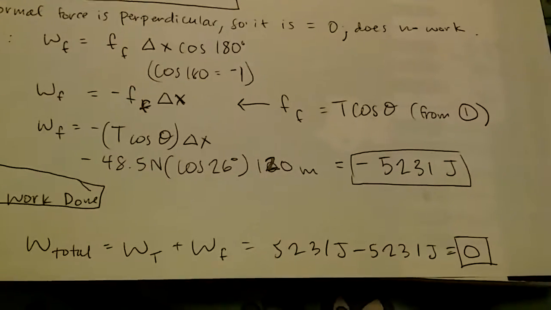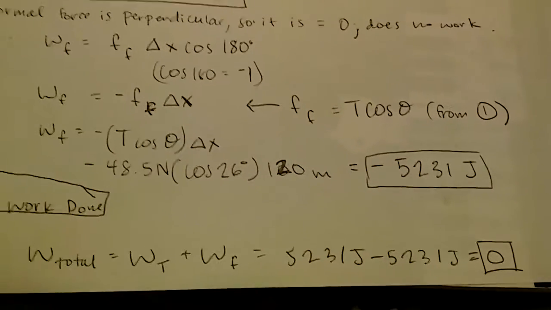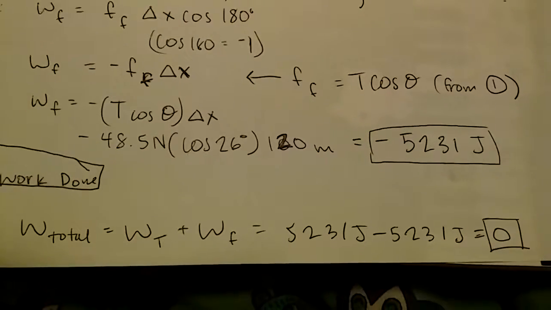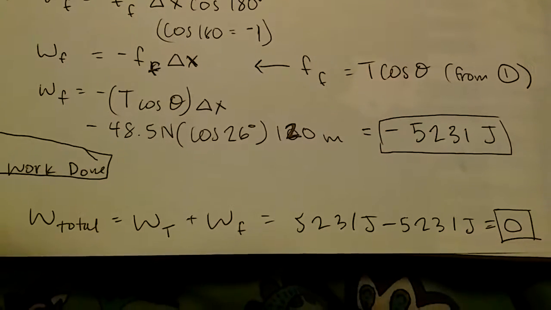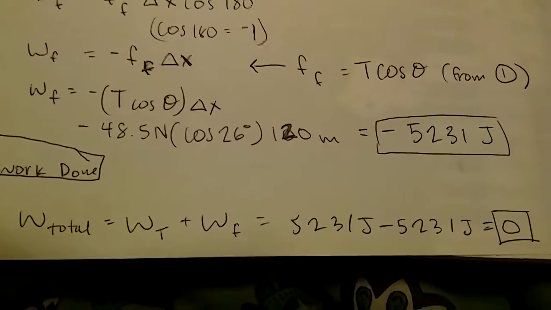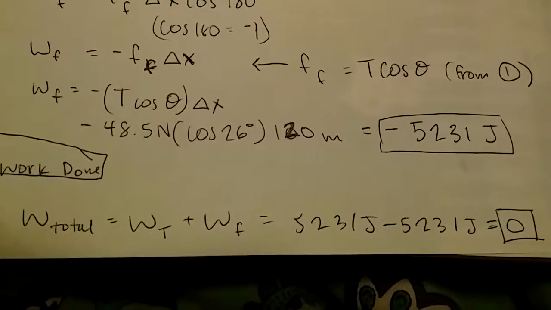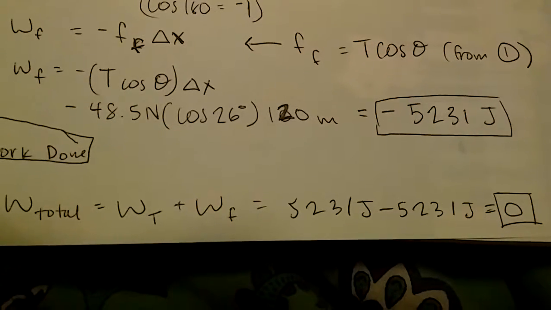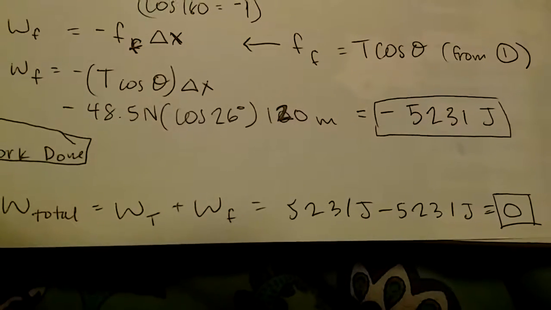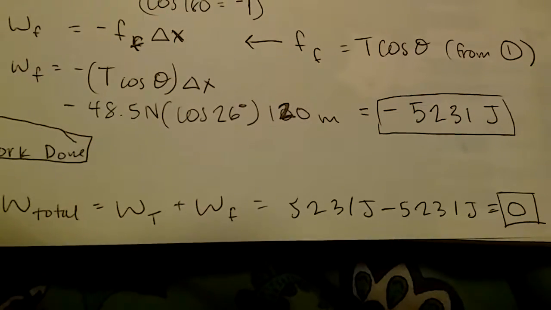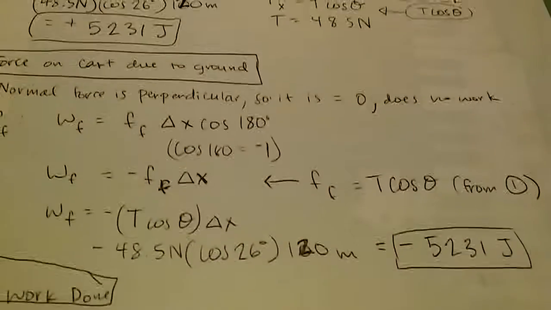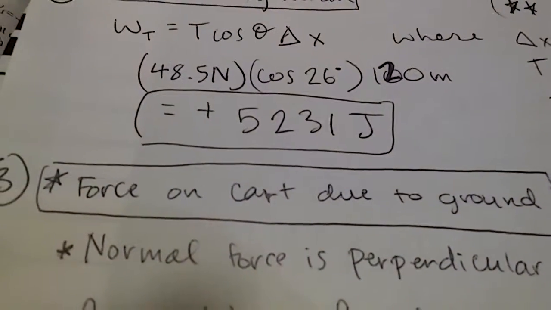The friction force, we remember from the first part, is equal to T cosine theta. We got that from number 1. So work due to friction is equal to negative T cosine theta delta x. So we can substitute in those values to get negative 48.5 newtons times the cosine of 26 times 120 meters, which equals negative 5,231 joules, which you remember is actually very similar to this, except for the negative one.